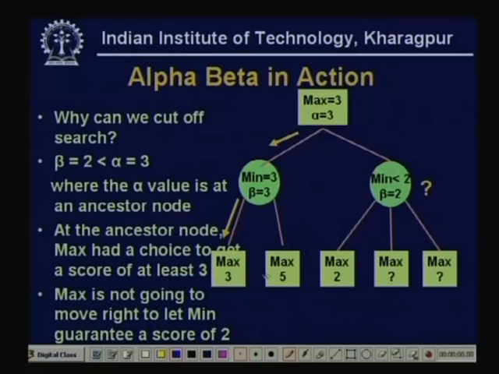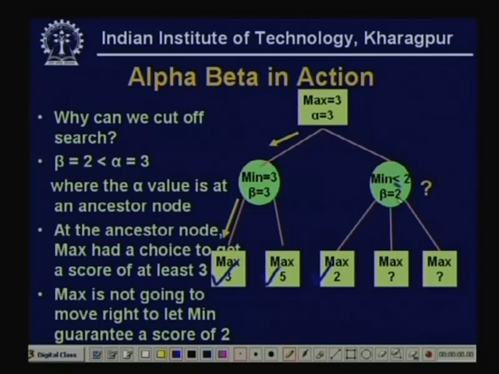Now, search comes to this node. This node has a value equal to 2. So, because this node has a value equal to 2, the beta value of this min node is set to be equal to 2 and the actual value of min is less than or equal to 2. Okay.